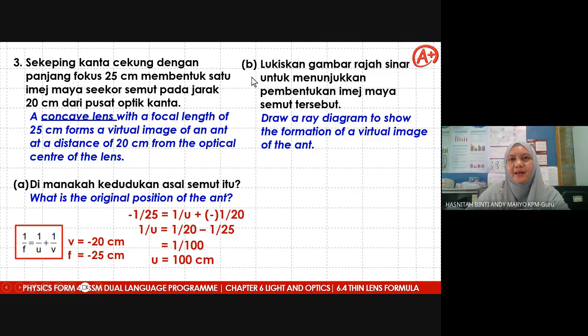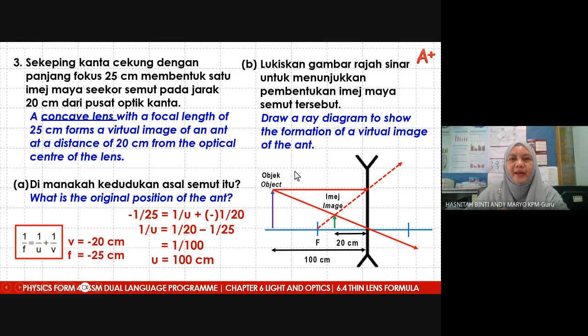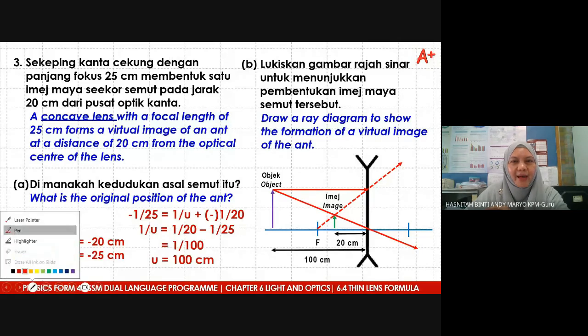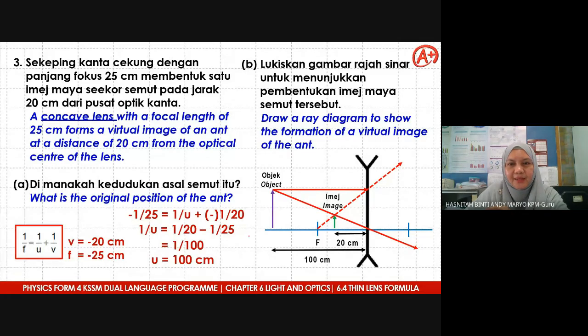Alright, then part B, they ask you to draw the ray diagram to show the formation of a virtual image of the end. So this is the related ray diagram. This is the symbol for concave lens. For convex lens, this is the symbol for convex lens.